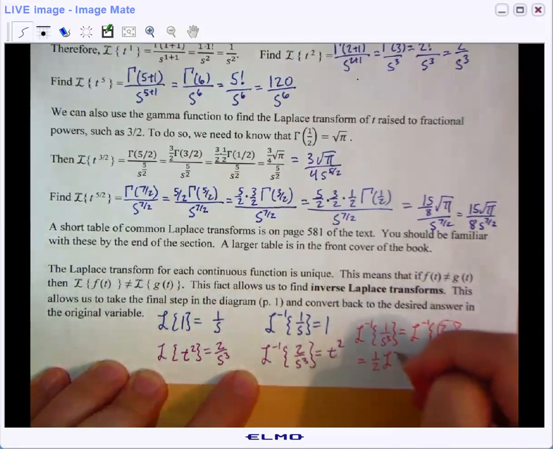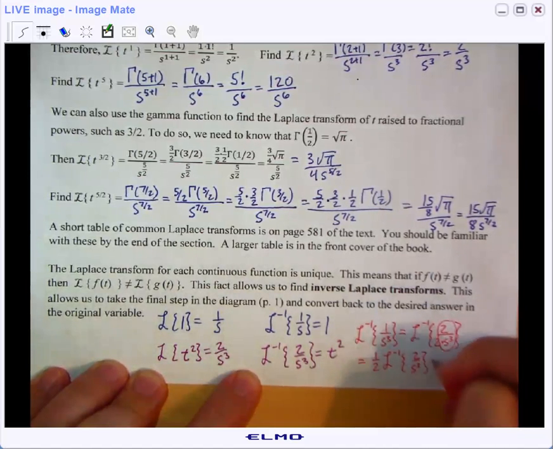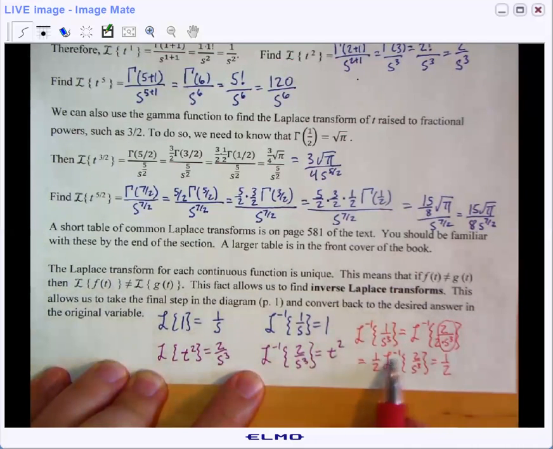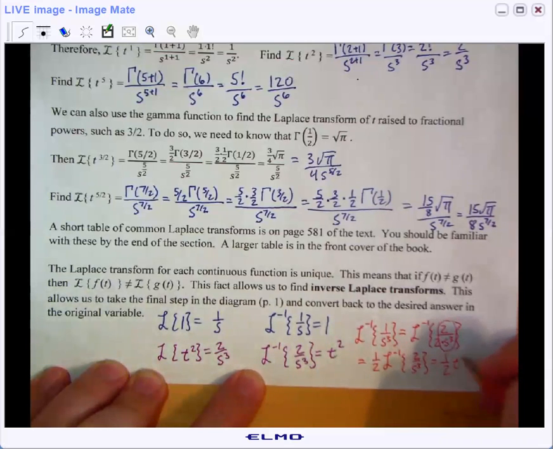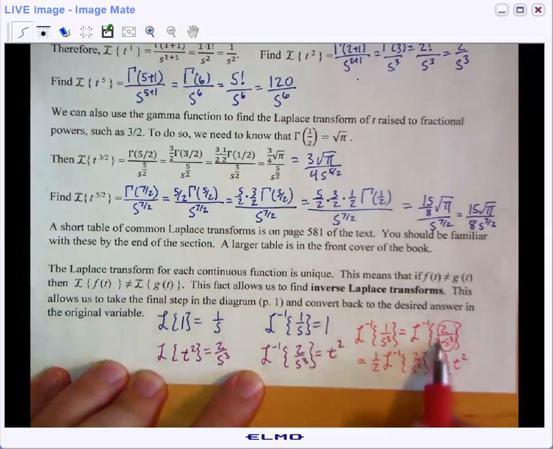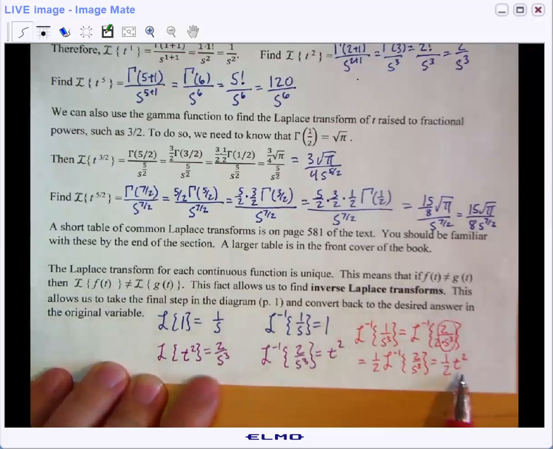So 1/2 inverse Laplace transform of 2 over s cubed, and the inverse Laplace transform of 2 over s cubed we know to be t squared. So here's how we can use that together with the linearity of the Laplace transform to find inverse Laplace transforms.